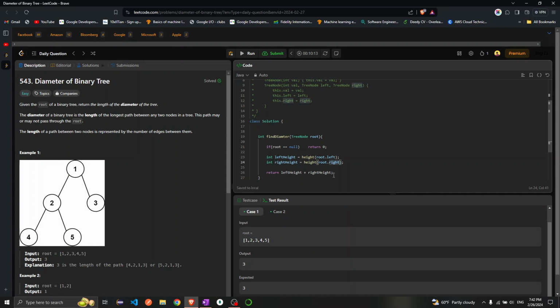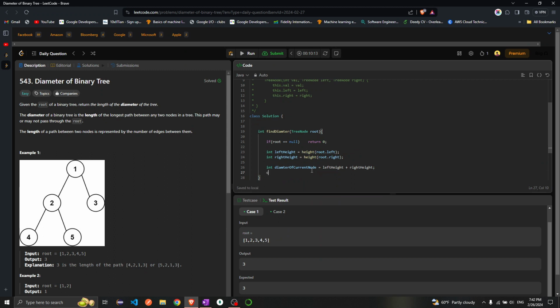So this only works for one node. So this is the diameter of current node equals to. So we also need to get the diameter of the left subtree.